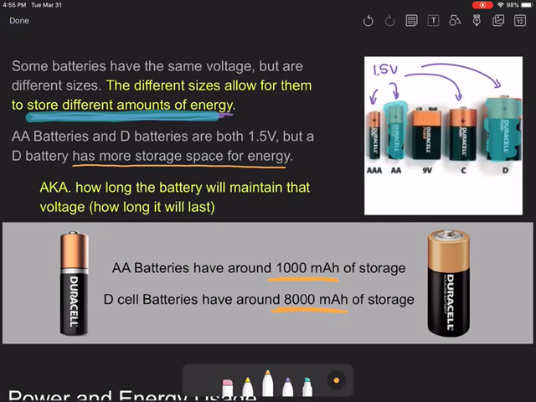The whole point here is not to necessarily notice the units, but just notice that the D battery will last 8 times longer than our AA. So that's what the size difference does. Even though the potential difference is the same, our D battery will last 8 times longer than our AA battery.